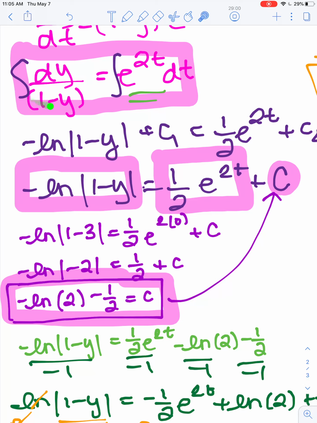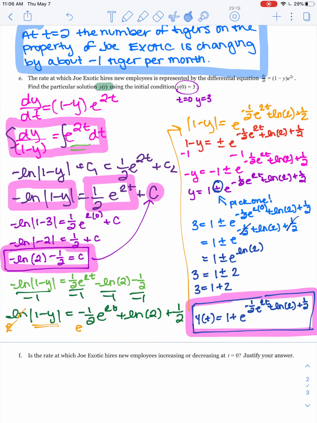So again, you got a point for separating, one correct integration, a second correct integration, you got 2 more points. Introducing your plus c at the appropriate place was your 4th point, and then using that initial condition to solve for c was a 5th point.